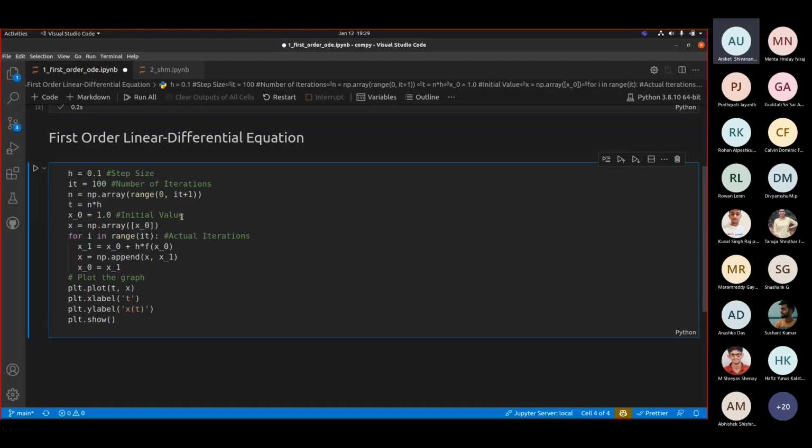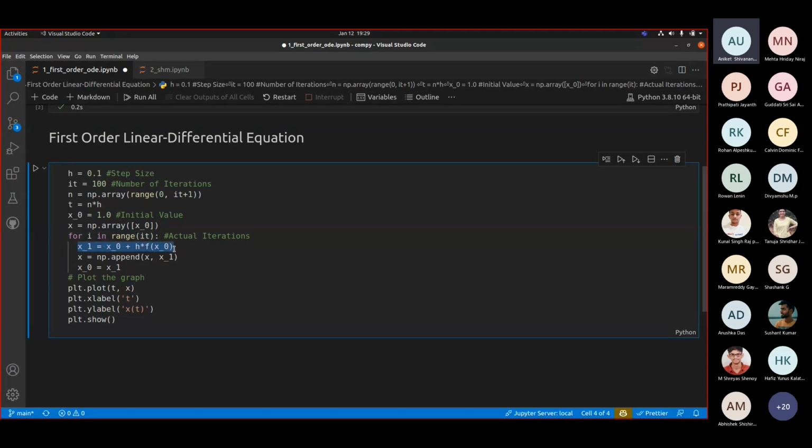Now we'll see why I've taken an array of all the times and an array of all the positions calculated. Again, our basic loop: for i in range it.